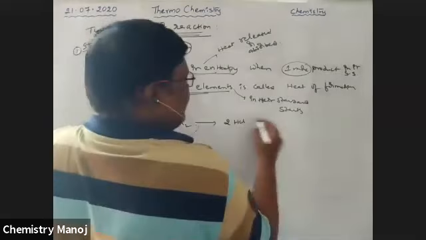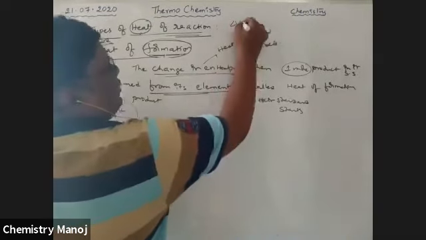That is called the standard heat of formation, which is written as delta H naught.